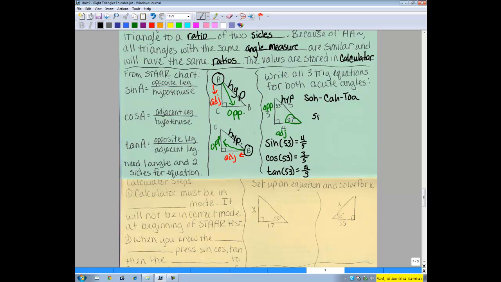So the sine of 37 is now, sine is opposite over hypotenuse, so 3 over 5. The cosine of 37, cosine is adjacent over hypotenuse, so 4 over 5. And tangent of 37 is opposite over adjacent, so 3 over 4.